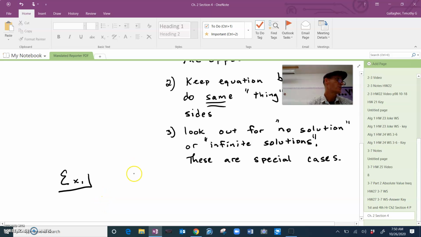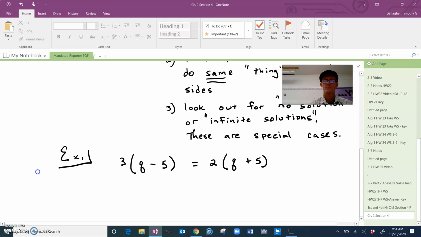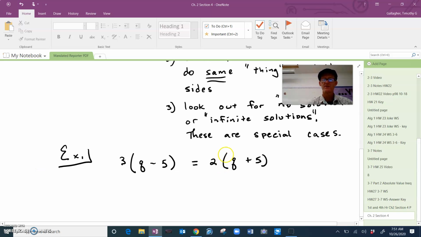We'll do 3 times (q minus 5) equals 2 times (q plus 5). You see parentheses here and here, with a factor on the outside of each, so you know you have to use the distributive property.